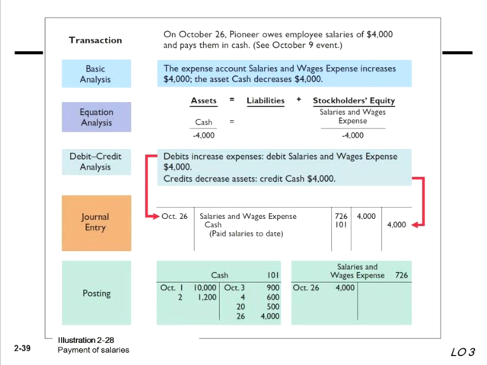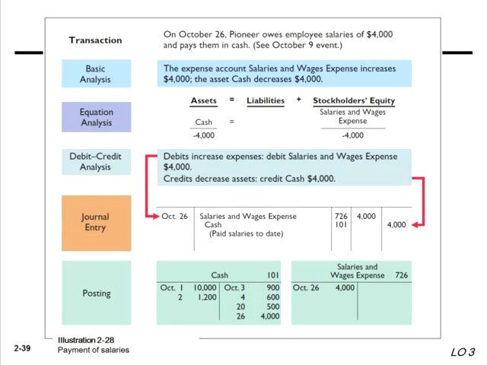So we have salaries and wages expense, which will have the effect of reducing stockholders' equity, once again, namely retained earnings. So in terms of a journal entry, we will debit salaries and wages expense for $4,000 and credit cash for $4,000.